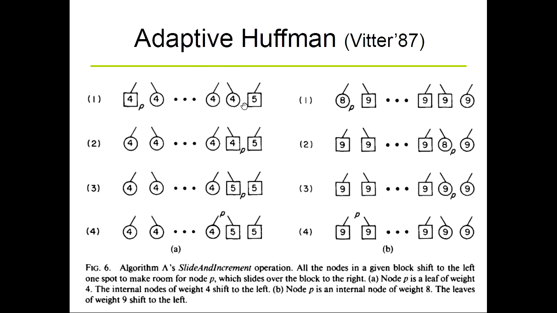Slice it in front of all the internal 4s, and increase this number from 4 to 5. Then you finish this operation. You look at the tree according to the labeling number and make it almost like an array according to the ordering of those numbers, and you shift it in that way.